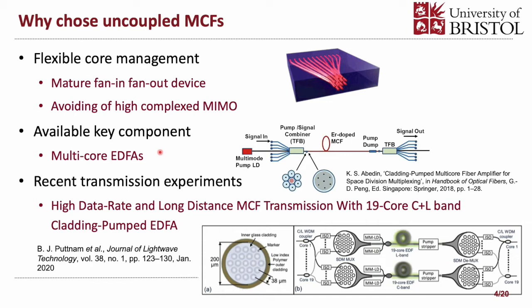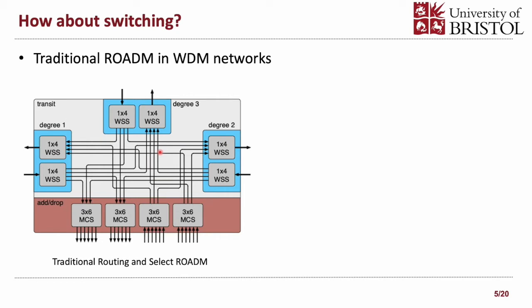So how about the switching? Because we're using uncoupled multi-core fibers, we can treat each core as a single mode fiber. In the traditional WDM network, we're using WSS for routing and a route-and-select ROADM to do the switching.